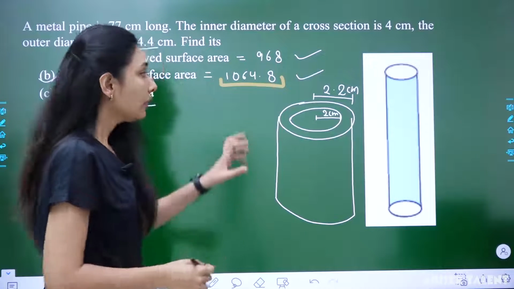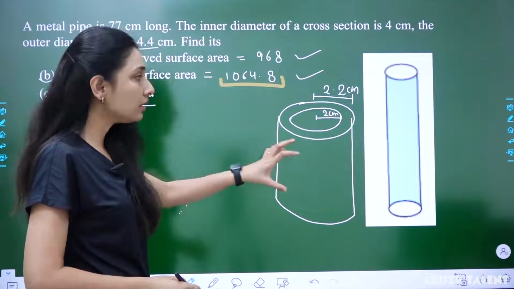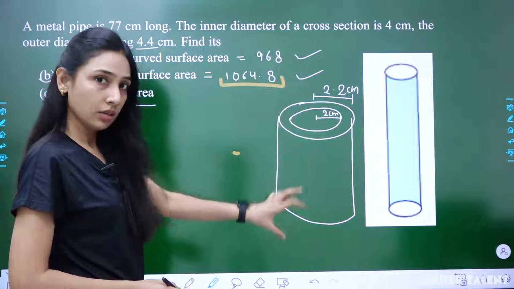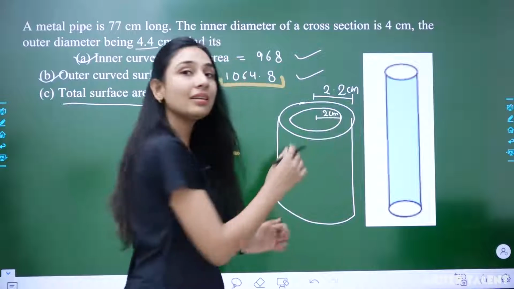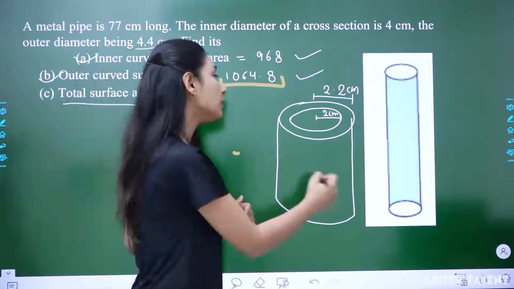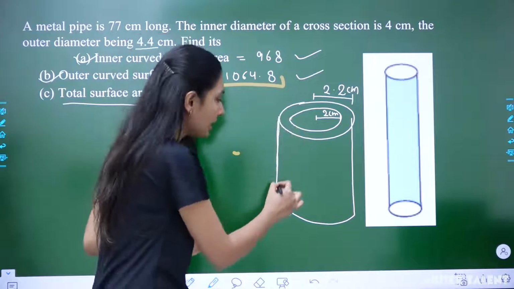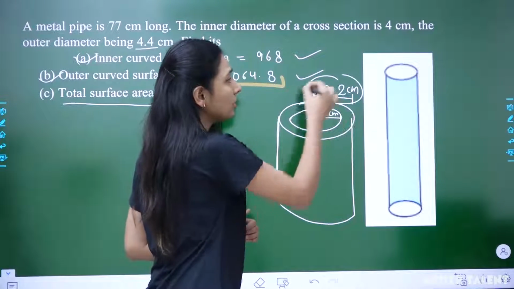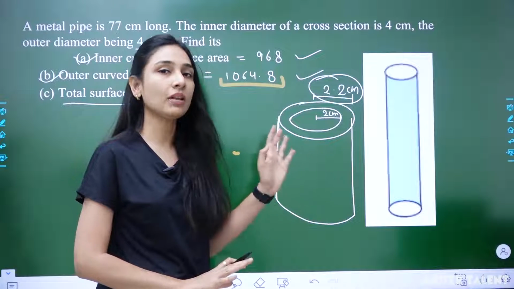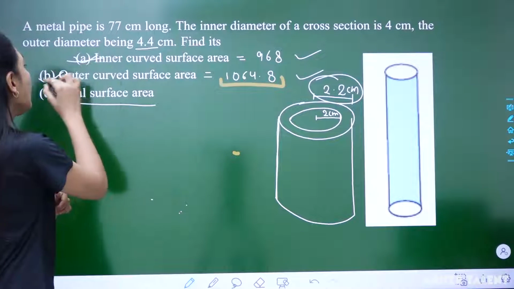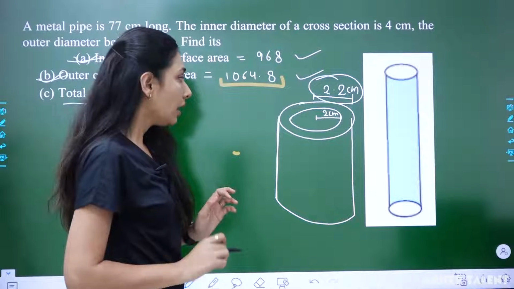When we calculated the inner surface area of the inner cylinder, we used 2 centimeter as the radius, and for the outer cylinder we took 2.2 centimeter as its radius. We calculated the inner surface area and the outer surface area. Now, the total surface area, what does that mean?